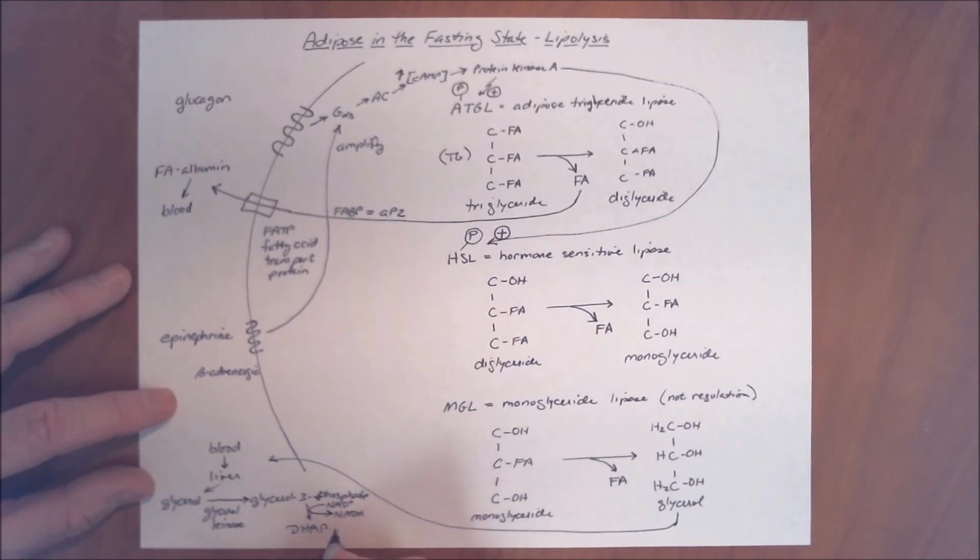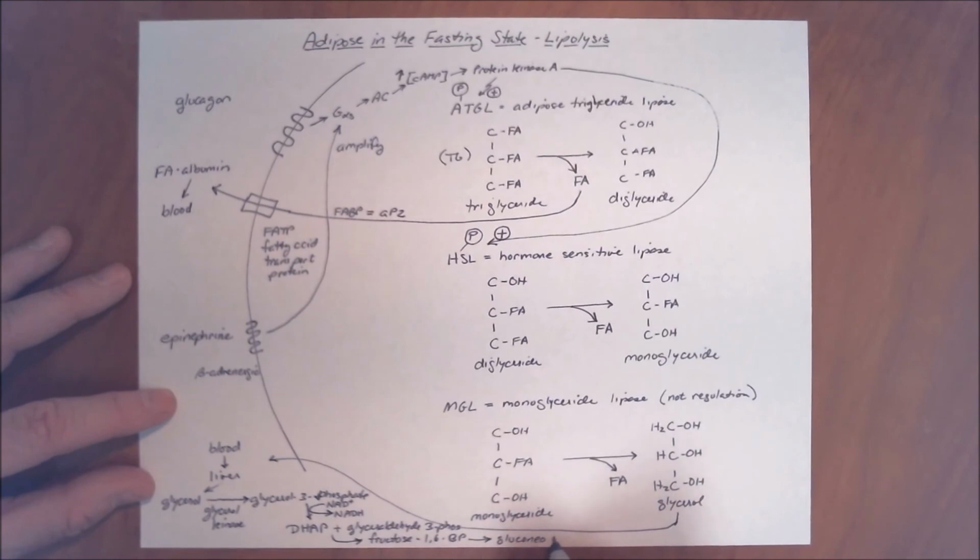Now this is important because once we couple this with glyceraldehyde 3-phosphate, we can generate fructose 1,6-bisphosphate and continue onto the process of gluconeogenesis in the liver.